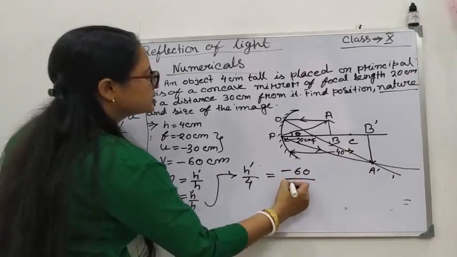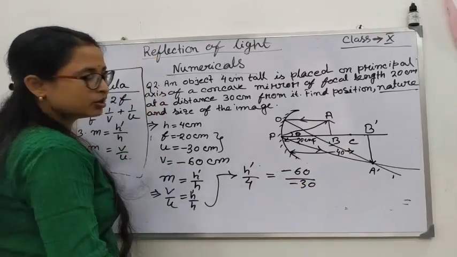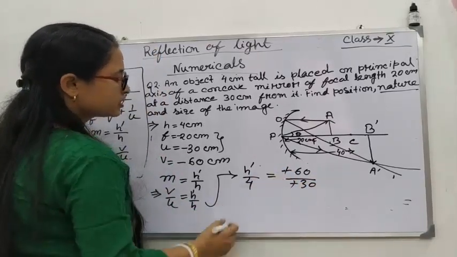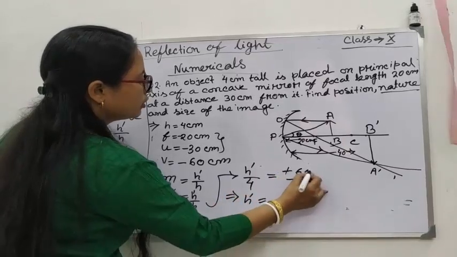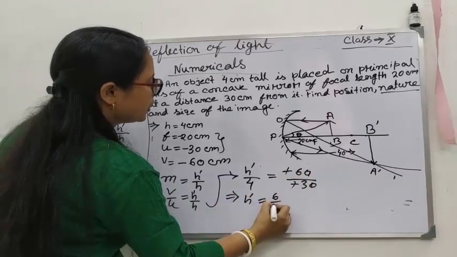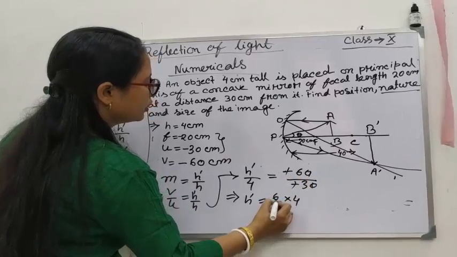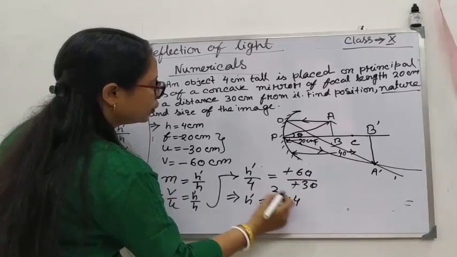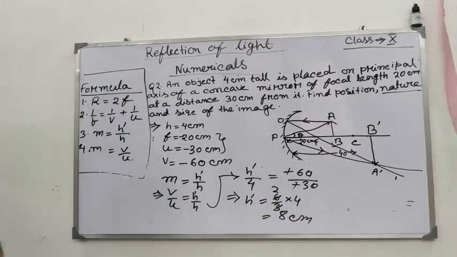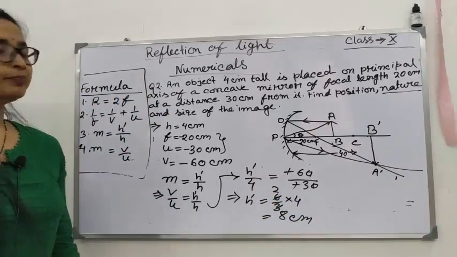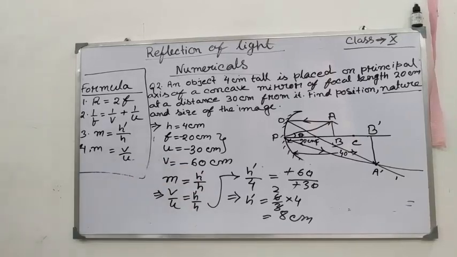And u is given minus 30 centimeter. Minus minus cancel out. Now h dash is equal to 6 by 3 into 4. It will be 2, and 4 into 2 will be 8 centimeter. So this is the size of the image. Clear?